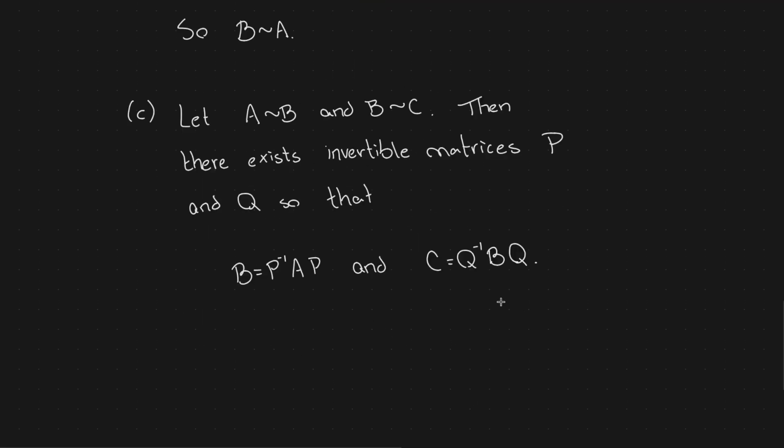So how could I combine these to reach that goal? Well, I know B is equal to P inverse AP. I know C is equal to Q inverse BQ. So let's combine them to relate A and C together and kind of cut out the middleman B. Then substituting the first equation into the second.